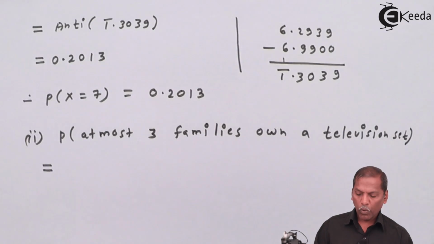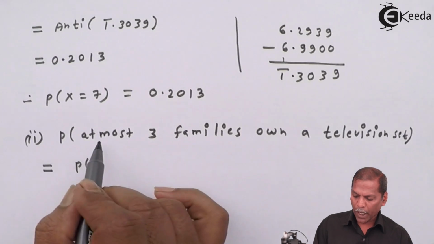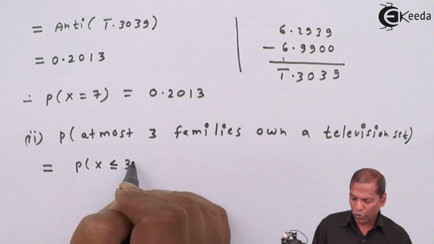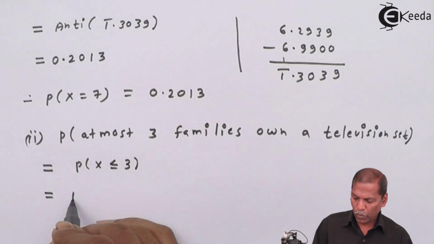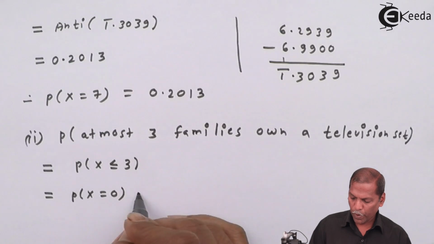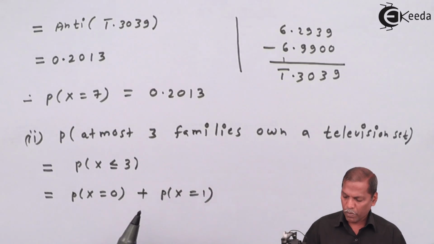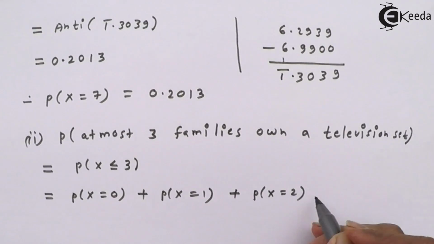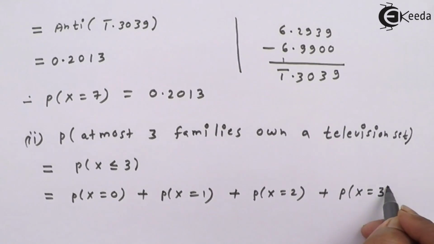So that is equal to probability of x. Now at most 3 means x less than or equal to 3, and that is equal to probability x equal to 0 plus probability x equal to 1 plus probability x equal to 2 plus probability x equal to 3.